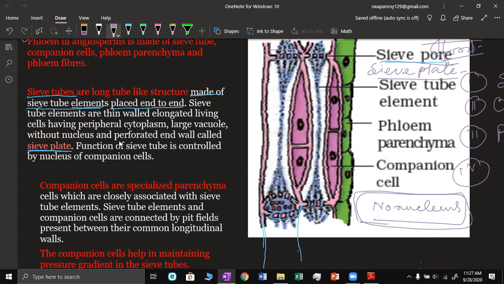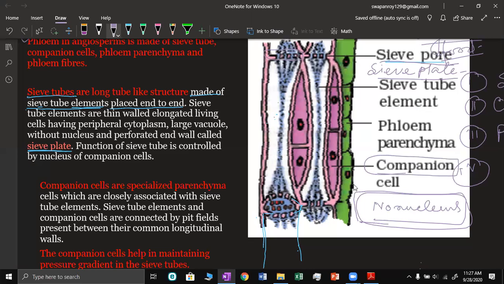As the nucleus is not there, its activity is controlled by a closely associated cell, known as the companion cell.